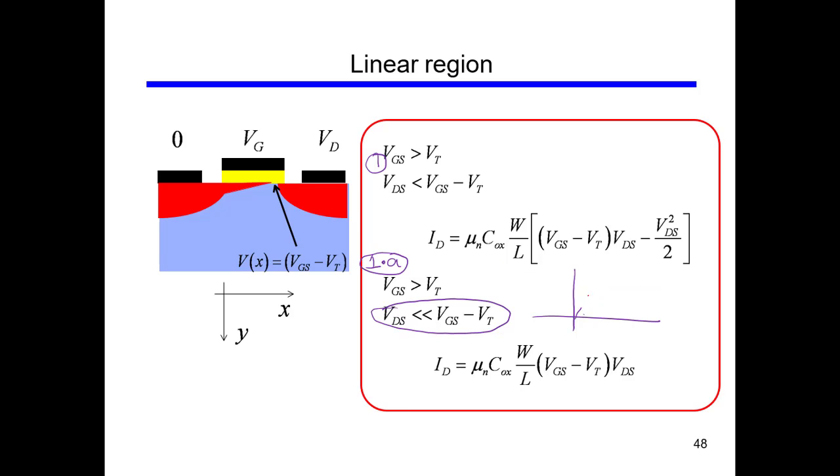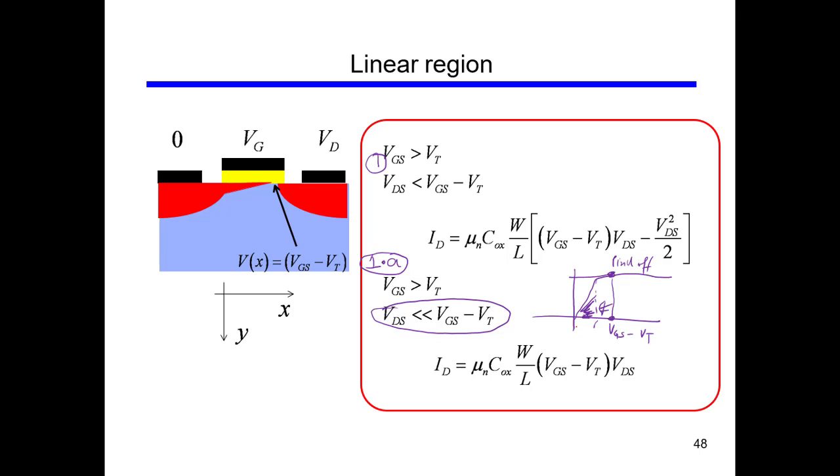If I draw the curve like this, this is our pinch off point, and at this point it is VGS minus VT. So you are far before this point and you are in this region.